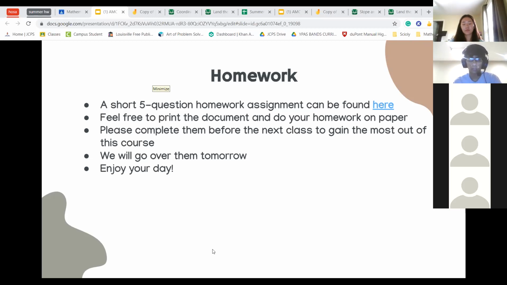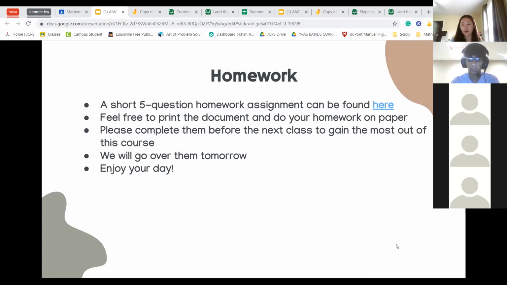Now's the time to ask questions if you guys have any about the homework, or about any of the content that we learned today, or about the timeline or the structure of this week's classes. Yeah, but if you don't have any questions, how could we solve question 3?